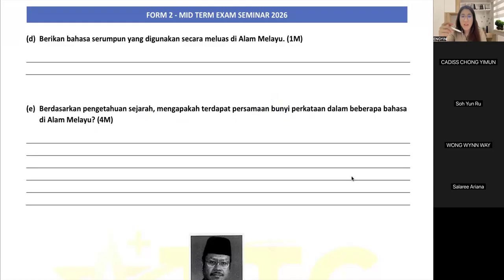They are basically asking you why the languages in the Alam Melayu area, you know Alam Melayu is very big, right? Different areas, supposedly they should speak different languages, but somehow they have similar slang or similar pronunciation. In the bunyi, it sounds the same. How come? Why? So how do you answer this?